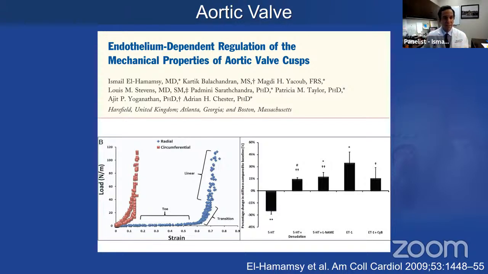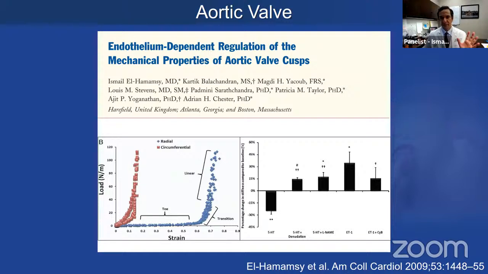But even more fascinating was the fact that aortic valve cusps can become stiffer or more relaxed in response to different endothelium-dependent agents. For example, when we added endothelium to the bath, the cusps became much, much stiffer, mimicking a situation of primary hypertension in the body where they have to bear a higher diastolic pressure and a higher diastolic load.